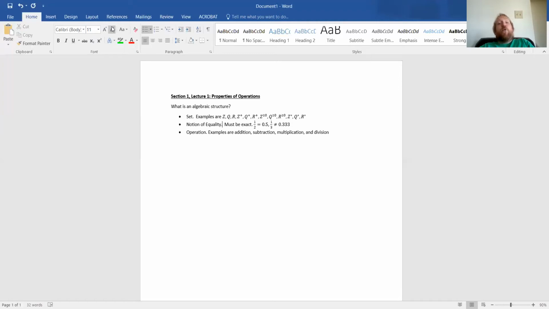Now, where we go in the first quarter of abstract algebra is we look at 6 different properties that we want algebraic structures to have. We will examine the first 3 properties of structures that we want in this lecture. 2 of them are familiar, 1 of them will be less familiar. And this is where we begin our study of abstract algebra.